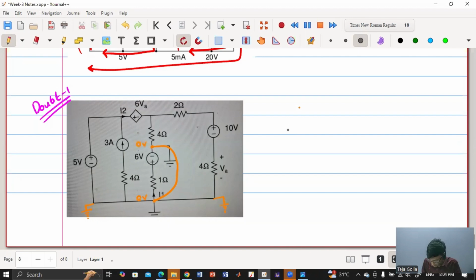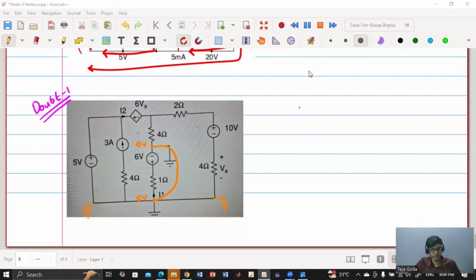That's what they mean. Instead of showing it as a short, they have given it as a ground because they are connecting that terminal to ground and this terminal to ground. Ground and ground are shorted, so these two are shorted. Got it? Vishnu, is that clear?